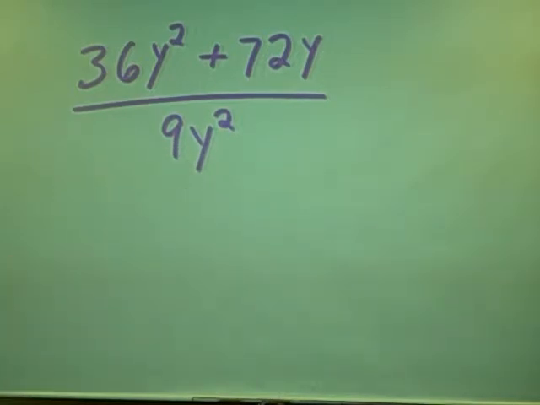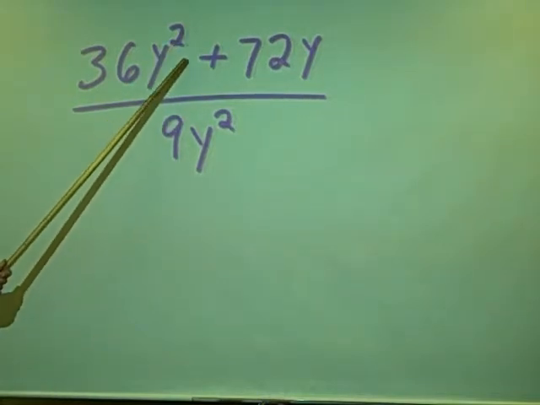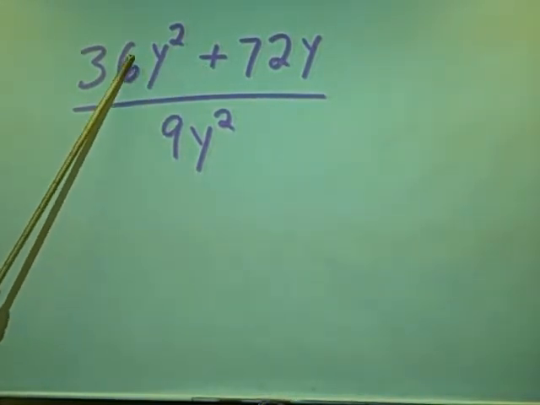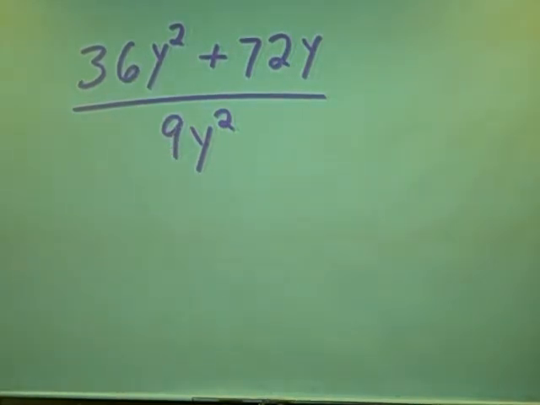Why? There's one reason. Or one thing in there that prevents us from doing that. The plus, that's right. Cannot cancel when you got that plus or minus there, right? You can only cancel when you got multiplication or division.